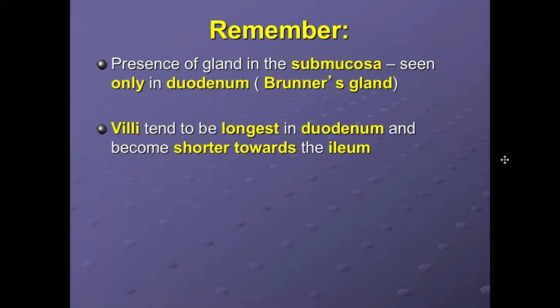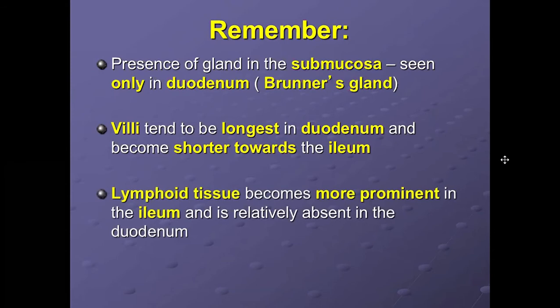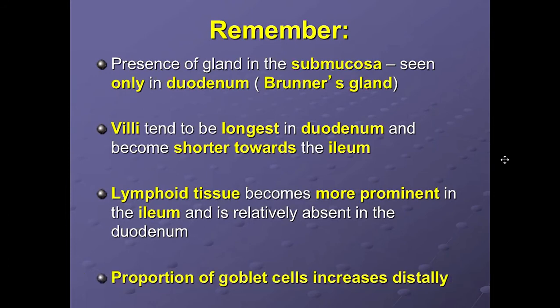The villi tend to be longest in the duodenum, and become shorter and shorter as you reach your ileum. And then your lymphoid tissue becomes more prominent in the ileum and is relatively absent in the duodenum. Proportion of goblet cells increases distally. So you have goblet cells in your duodenum, but more as you go distally up to the large intestine.